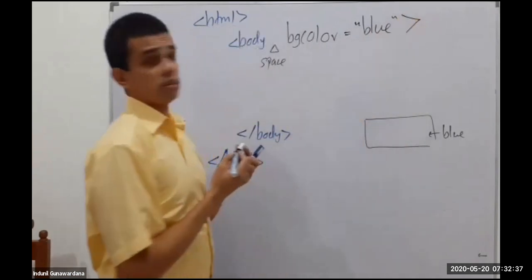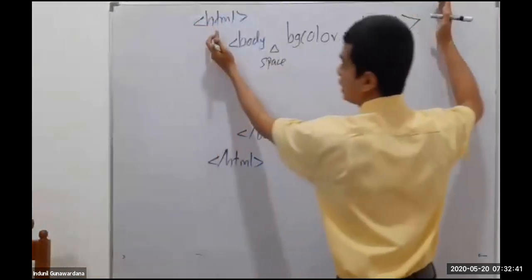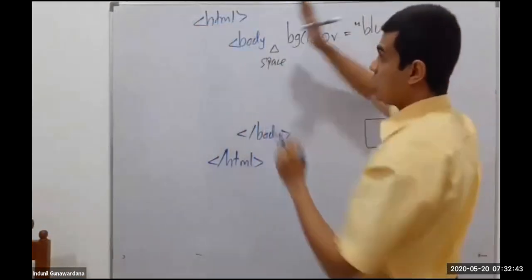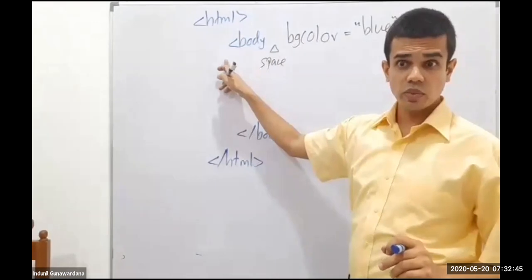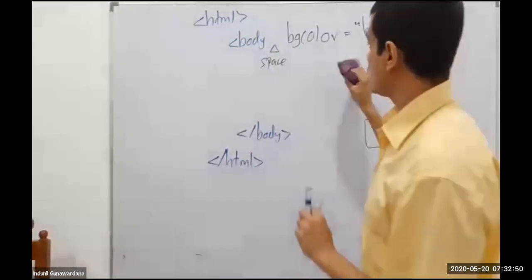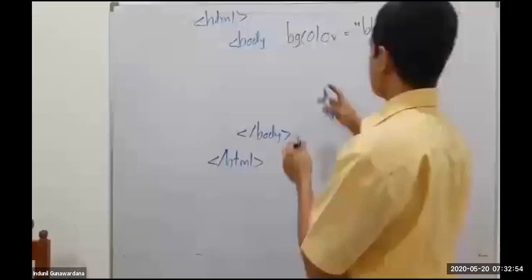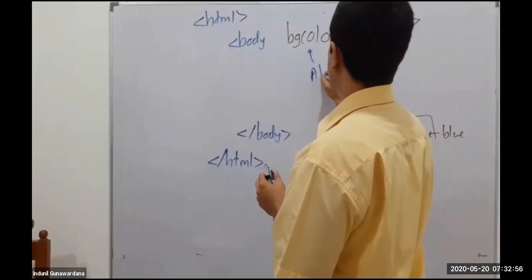Then I close it with the greater than sign. So now this whole thing becomes the opening of the body tag, where I have the attribute with a space. I will label this as the attribute.